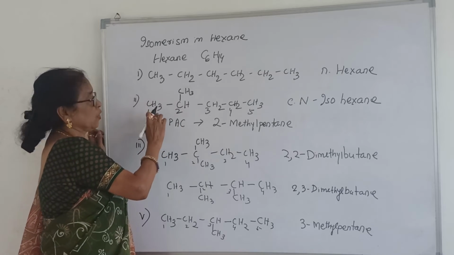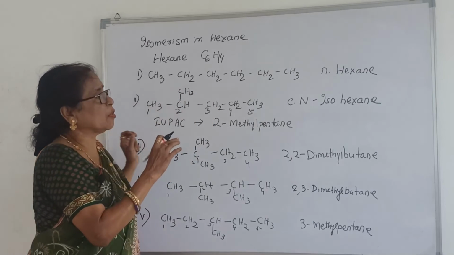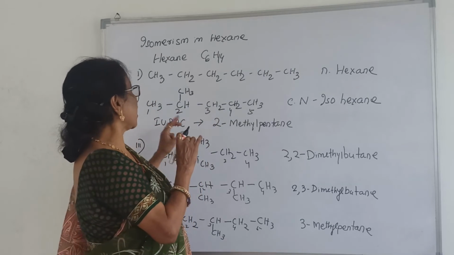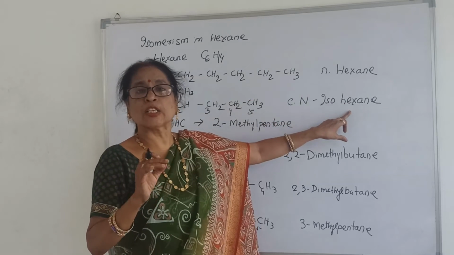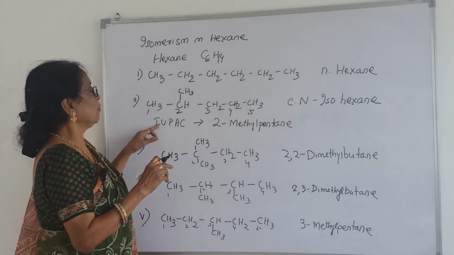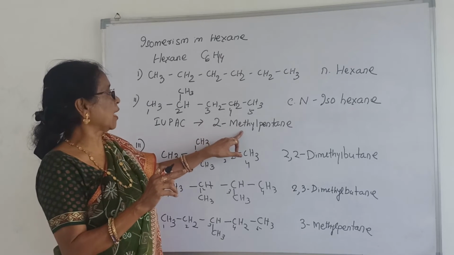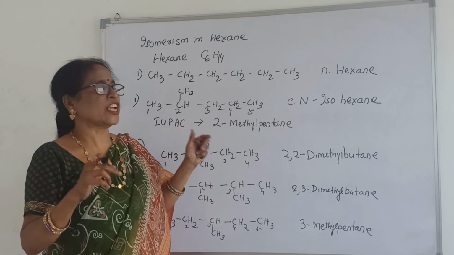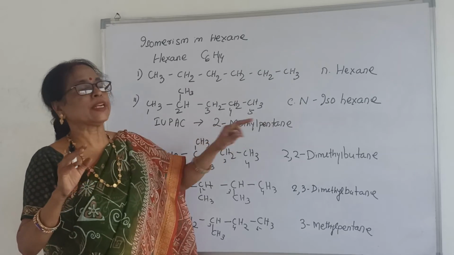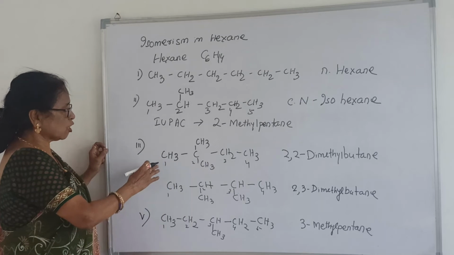If this side is nearer, the methyl group is at position 2, and the long chain is 5 carbon. When the iso word is used for the common name, you put the total carbon. Isohexane. But the IUPAC name is 2-methylpentane, with a hyphen after 2, then methyl, and the long chain is 5, so pentane. Again, see 2-methylpentane, and the common name is isohexane.